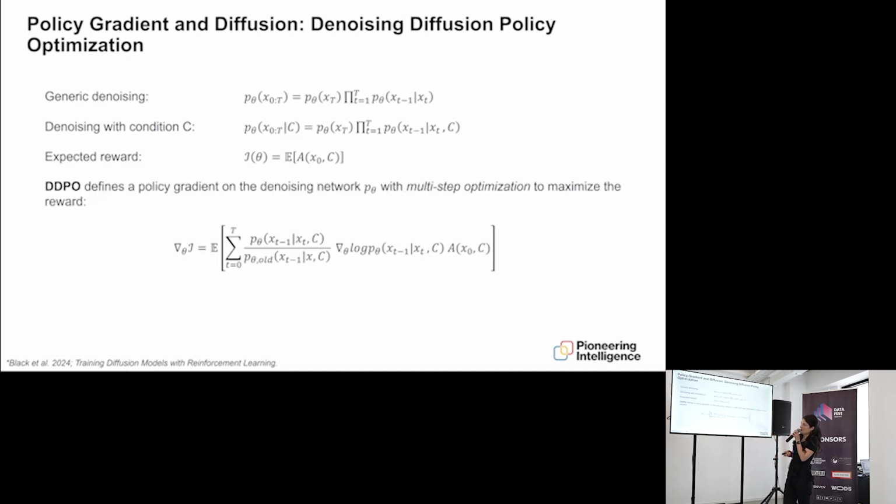And in DDPO, it defines a policy gradient on the denoising network p with multi-step optimization to maximize the reward. So here you already see this looks a little bit similar to the PPO ratio. But now here, I really want to emphasize this because this is how you implement it. It's a multi-step optimization, so it makes it somewhat efficient. So you are optimizing at each step of the denoising network here.